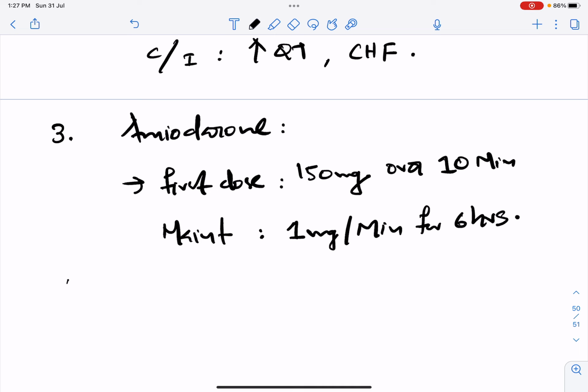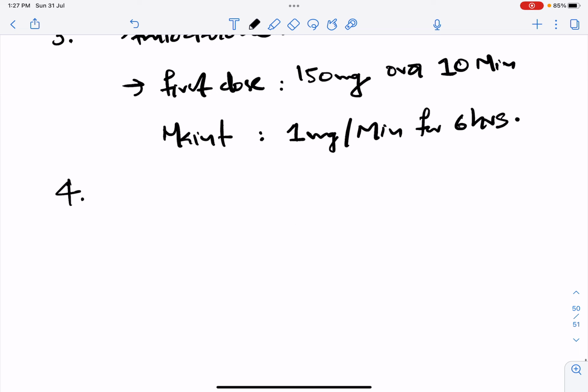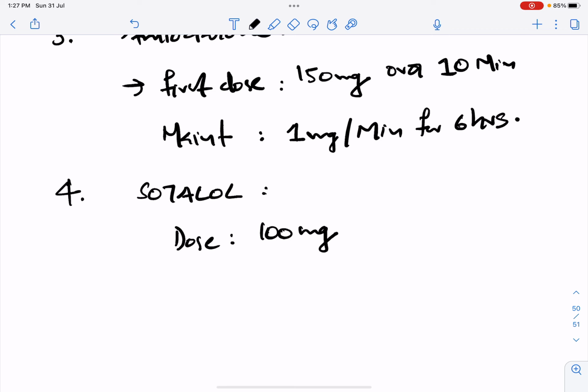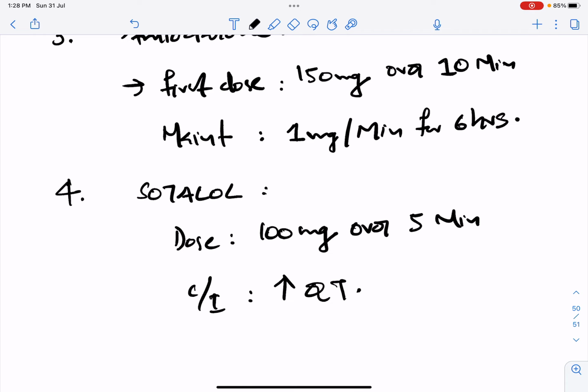Okay, and the fourth AHA recommended drug for tachyarrhythmia is sotalol, and the dose is 100 mg over 5 minutes. It is also contraindicated in case of QT prolongation.